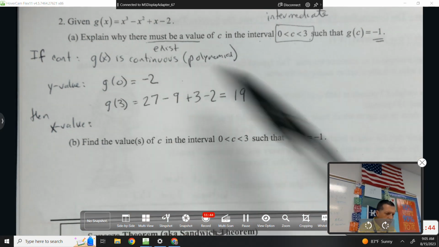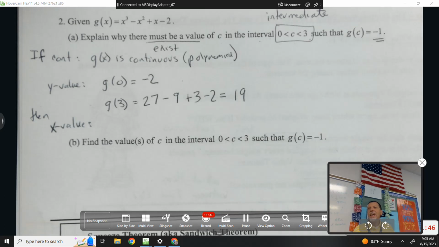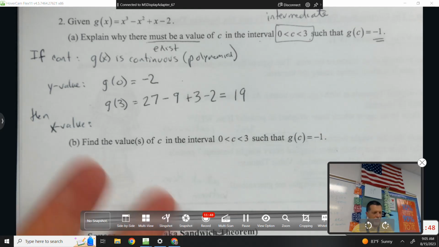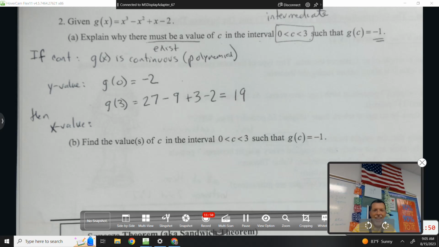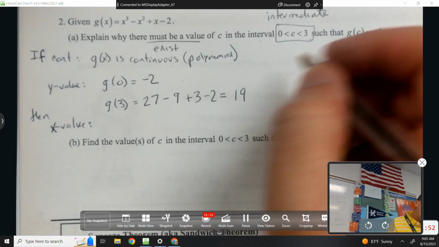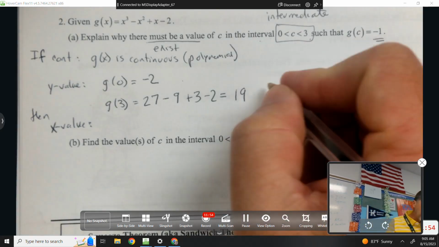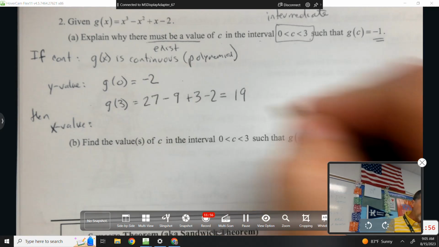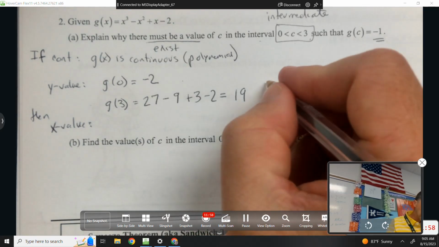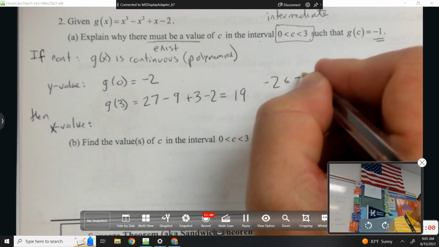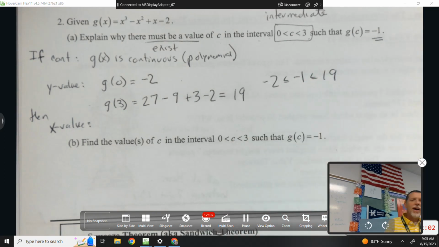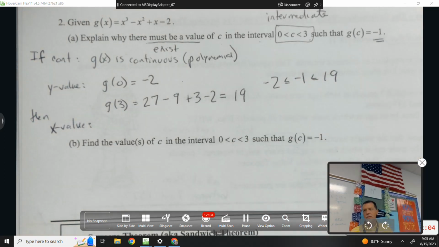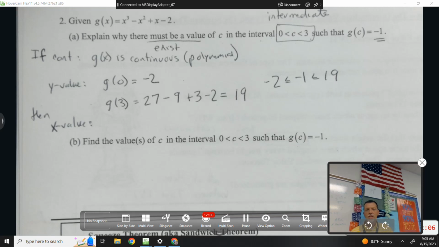So yes, -1 is in between there, but you have to say it, right? You can't just be like, yeah, it's right there. Like, no, you have to say what you're thinking. And you can write it out like we did earlier. -1 is between -2 and 19. Or you can just shortcut it with some math symbols that says -1 is in between -2 and 19.